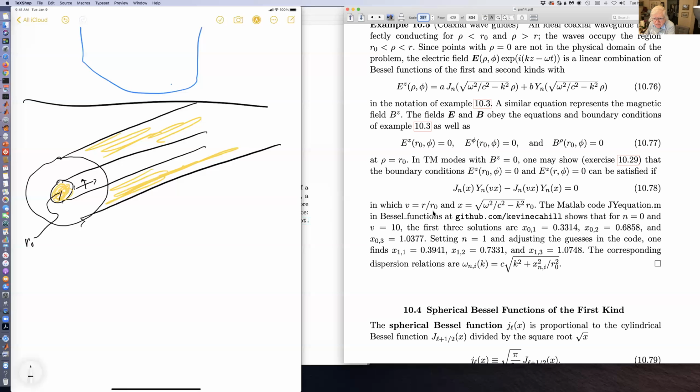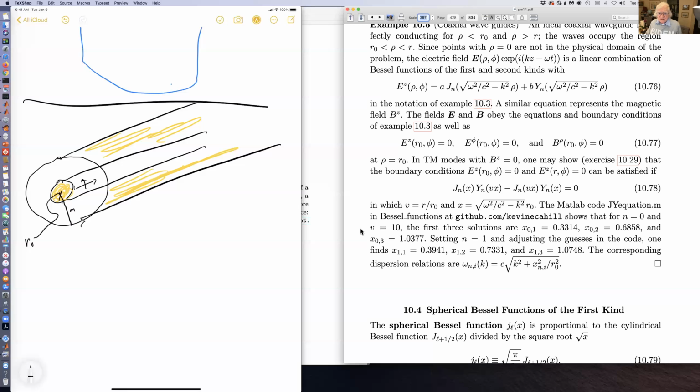And there V is R, the outer radius, divided by the inner radius. So the outer radius here is R, and the inner radius is, of course, rho. We take the ratio and call it V. And then we set X equal to the square root of omega squared over c squared minus k squared, times R0.